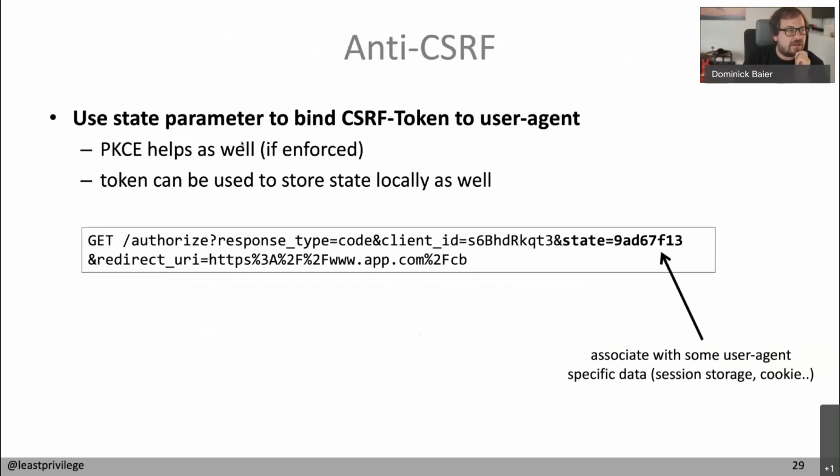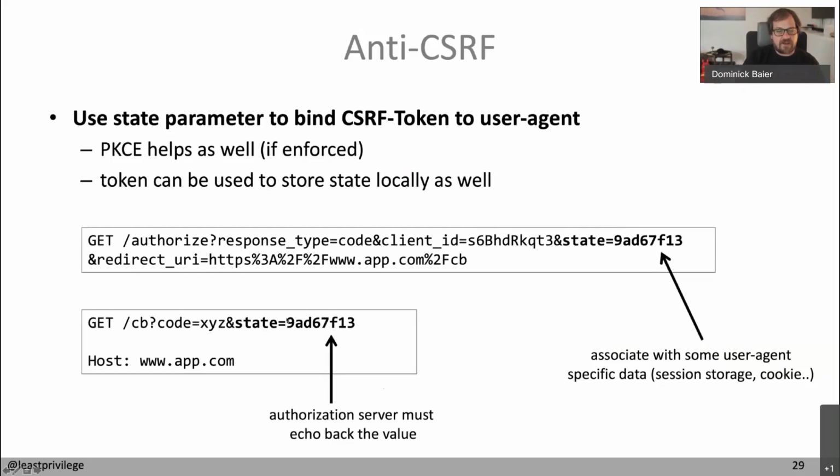If you cannot enforce that PKCE is being used, the client can, on its own, implement countermeasures by using the state parameter in OAuth, where the idea is that the client creates a secret, stores it locally, puts it on the state parameter, and then the authorization server must echo back that state parameter, and then the client can check that the secret he put in there is the same and correlates to the request.